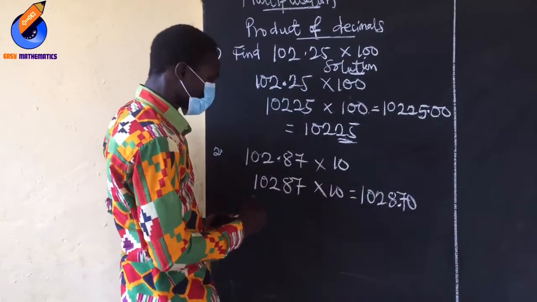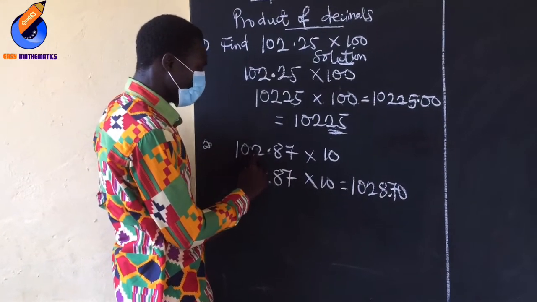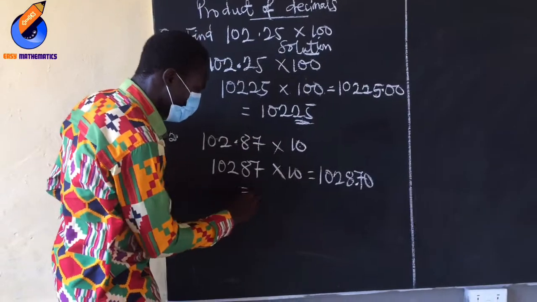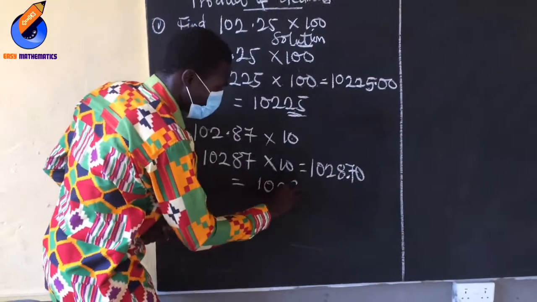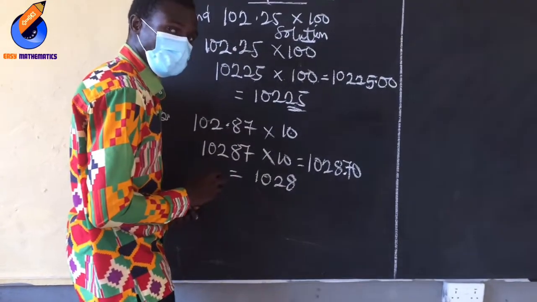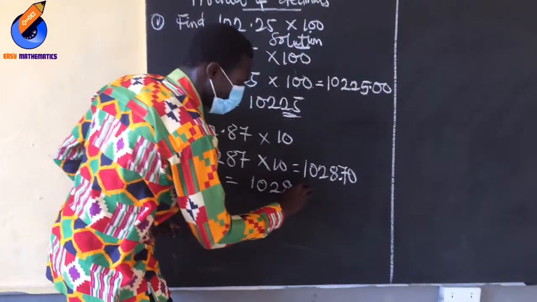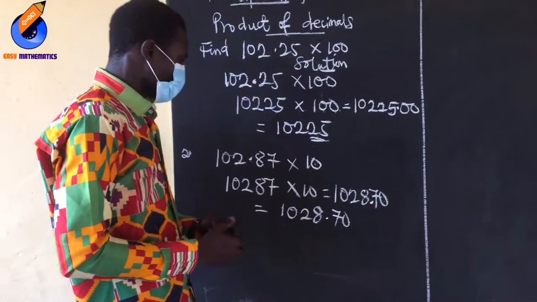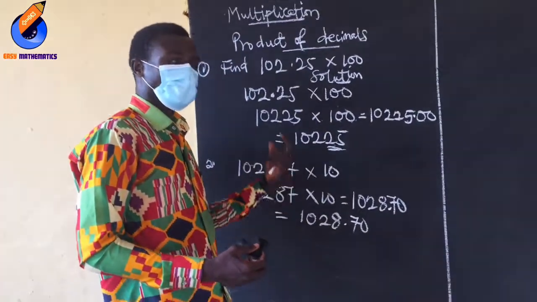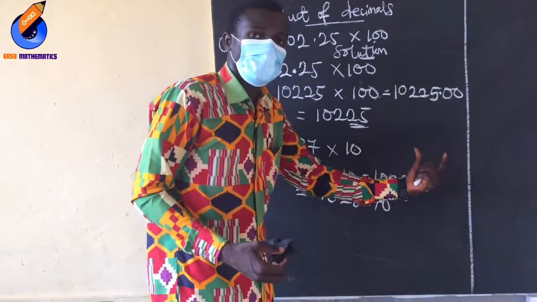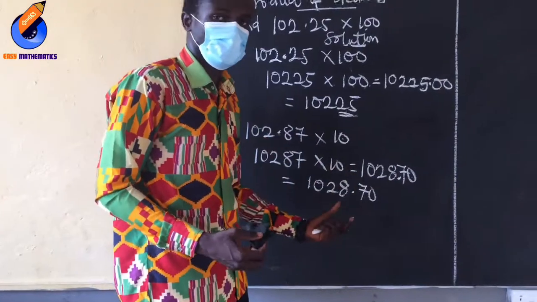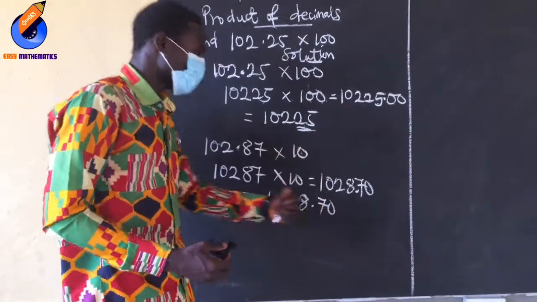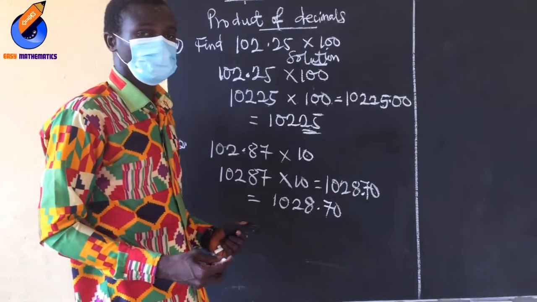So that means 102.87 times 10 will give me 1,028.70. So when you are being asked to multiply a decimal by 10, by 100 or 1,000, just take the decimal away, multiply, and write your answer down.